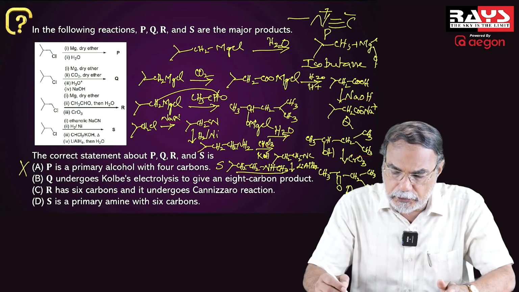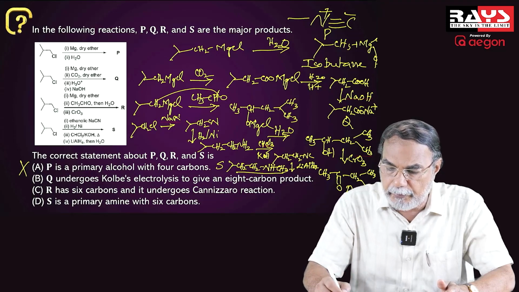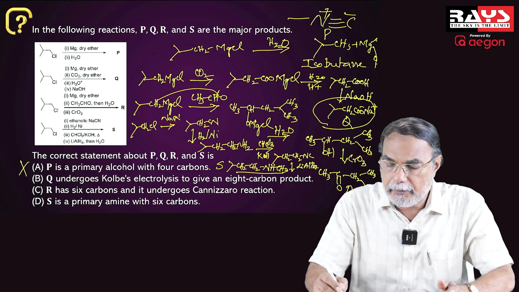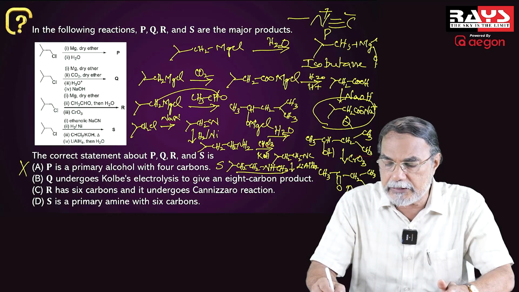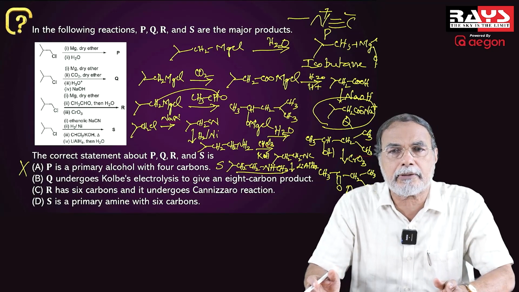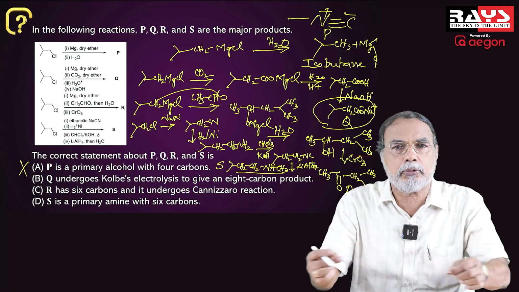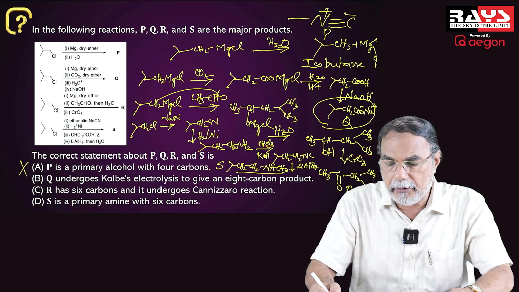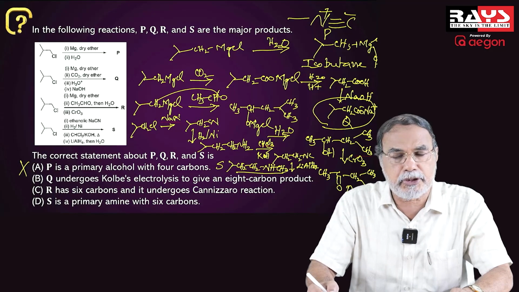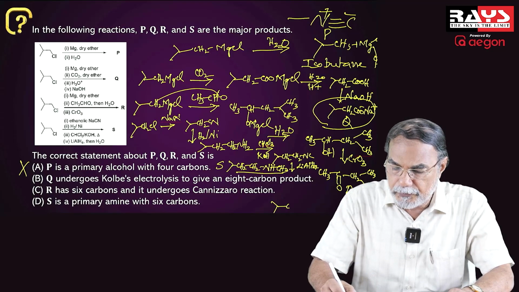Then Q undergoes Kolb's electrolysis to give an 8 carbon product. Remember, Q is 1, 2, 3, 4, and then you have a CO minus and a plus. When it is subjected to the reaction called Kolb's electrolysis, it is decarboxylated followed by joining of the 2 groups. The joining of the isobutyl groups means you are getting the hydrocarbon CH2, CH2.